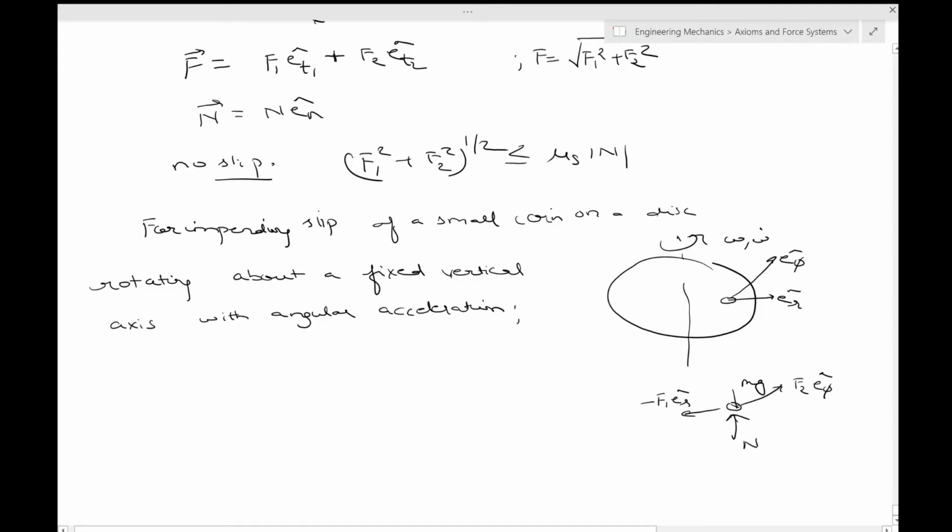The friction components will be in the radial direction and the circumferential direction, this phi one. So clearly the force of friction, this is the impending slip case. This will be square root of F1 square plus F2 square, and this will be equal to mu s n because it's an impending slip situation.